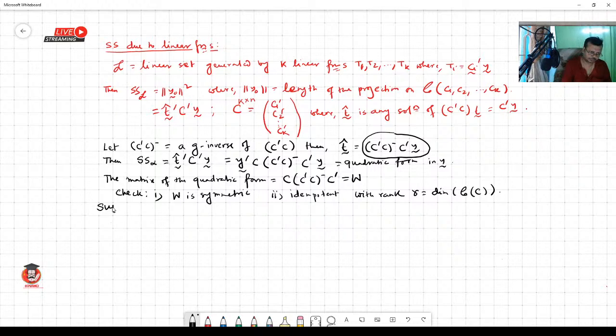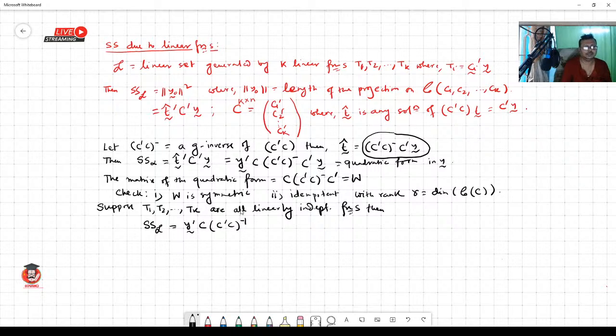Suppose T1, T2, Tk are all linearly independent functions, then SS due to script L is equal to y curl prime C prime C inverse C prime y curl, inverse instead of G inverse, because all functions are linearly independent.